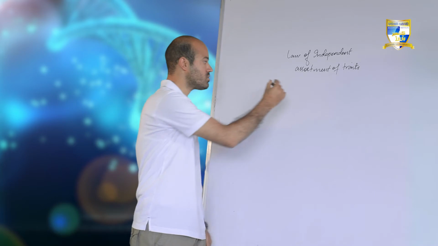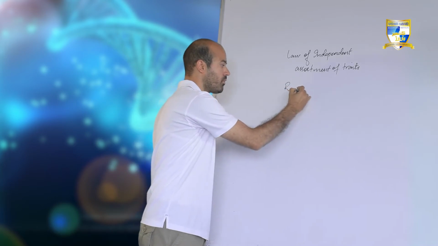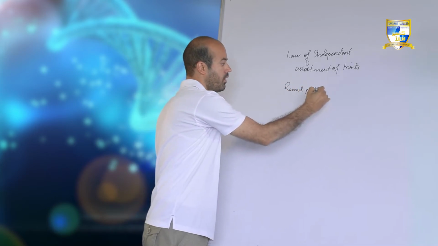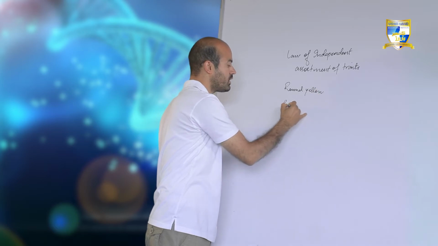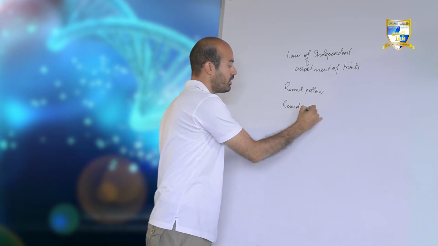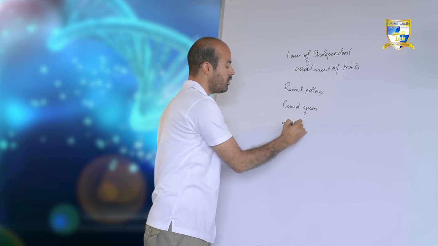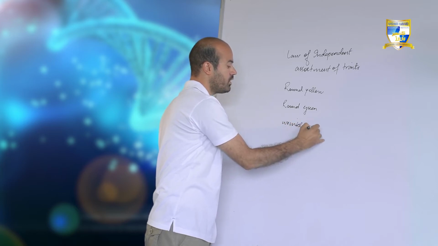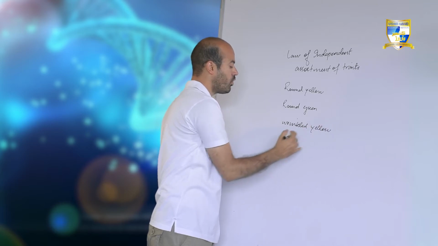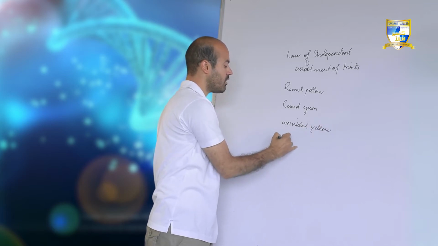One combination was round and yellow, another combination was round and green, the third combination was wrinkled yellow, and the fourth combination was wrinkled green.